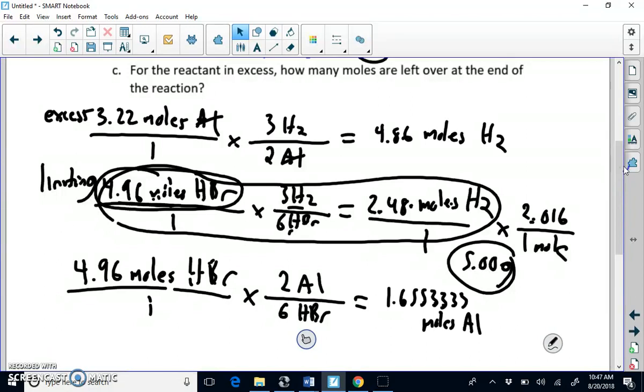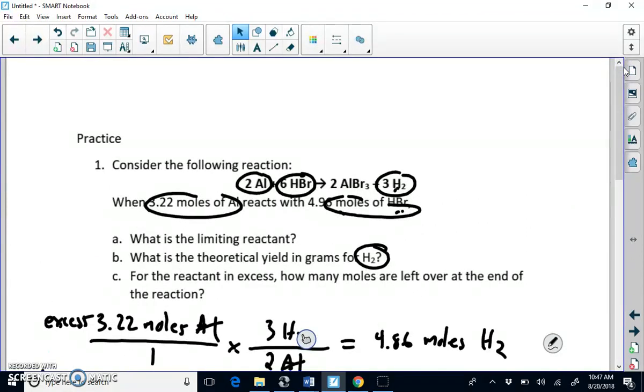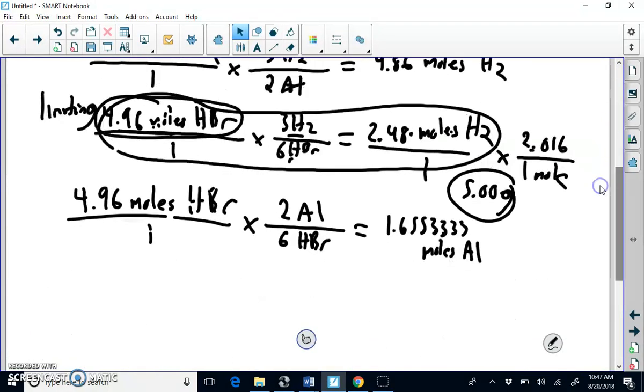And we know from the problem at the top that we have 3.22 moles. What this is telling us is that when you react this many moles of HBr, you need this many moles of aluminum, but we started with this.